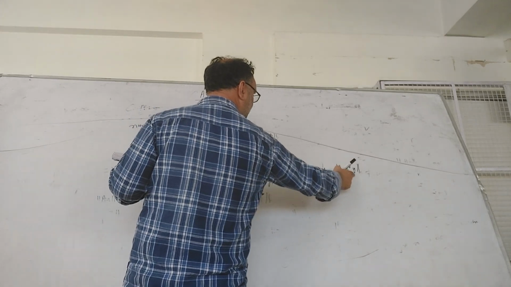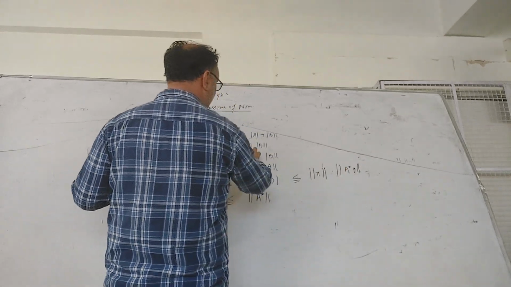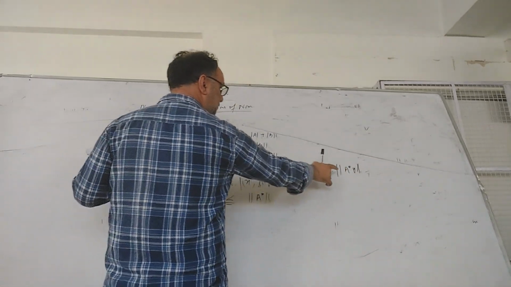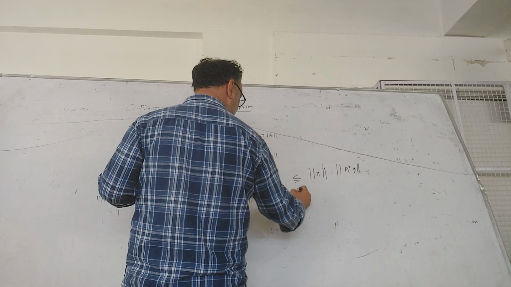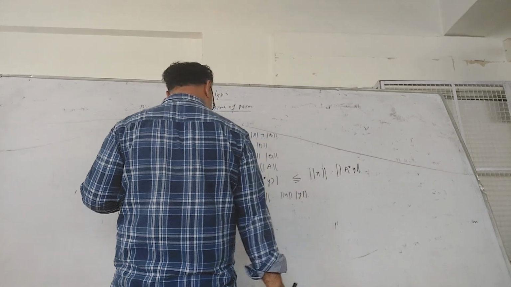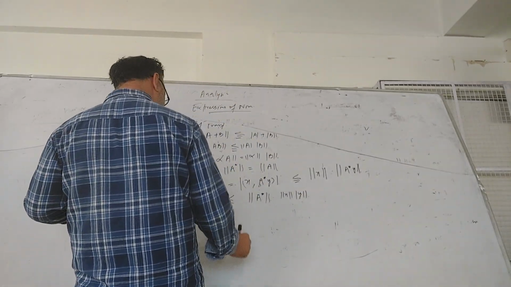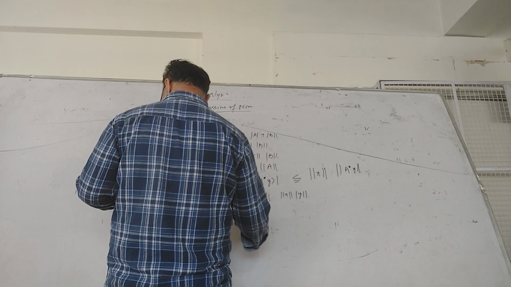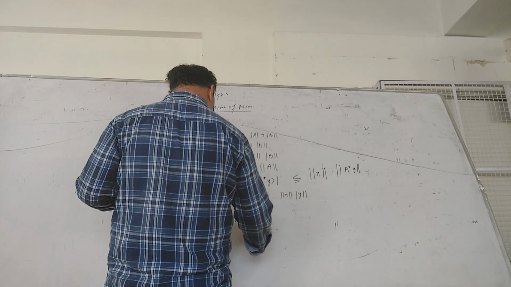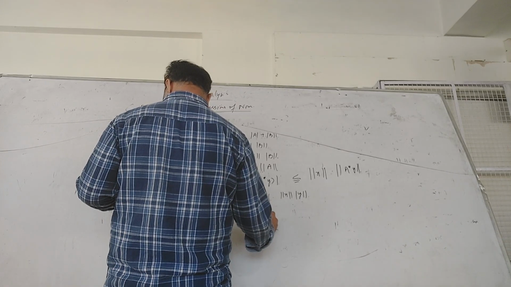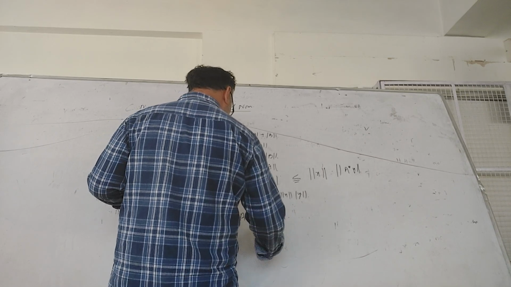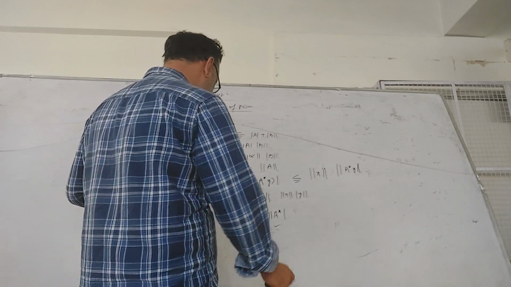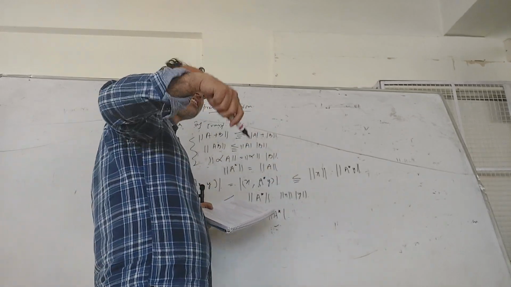Again, from this you are going to use this property here. So modulus of A star can be less than A star. So we are going to replace A by A star, A star by A star star.